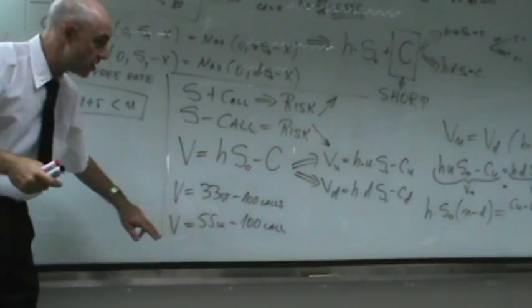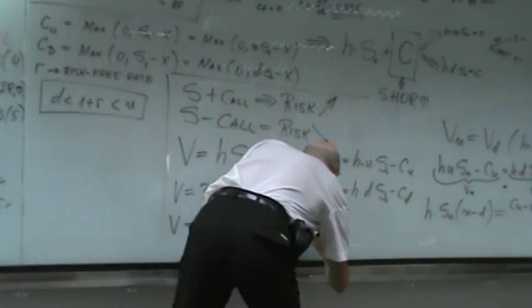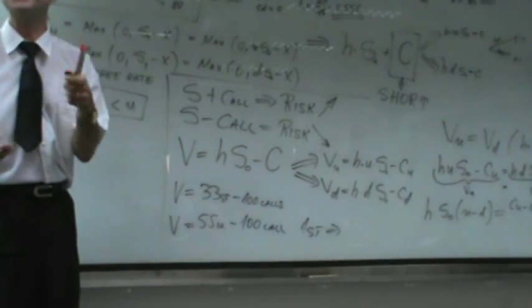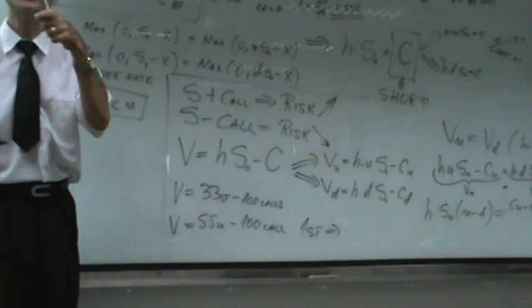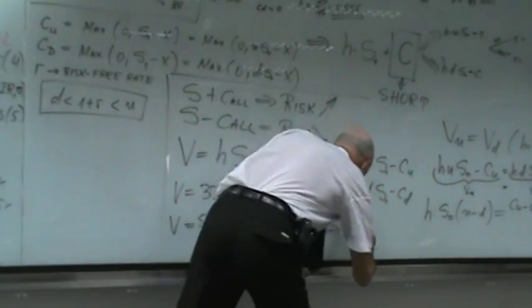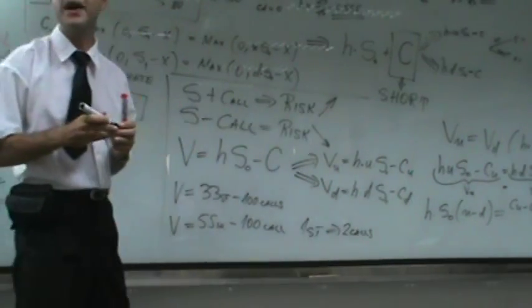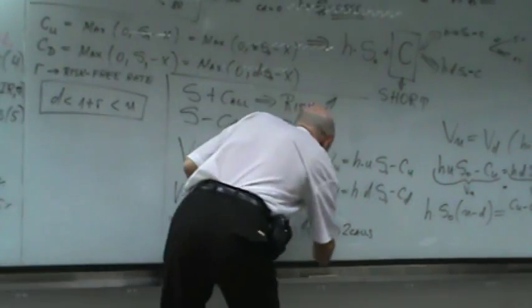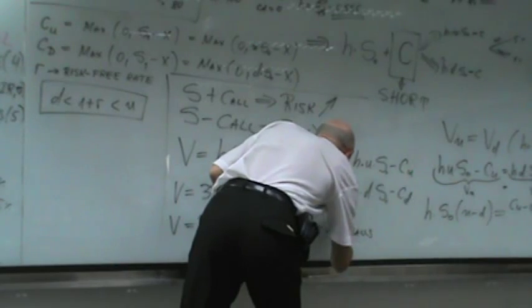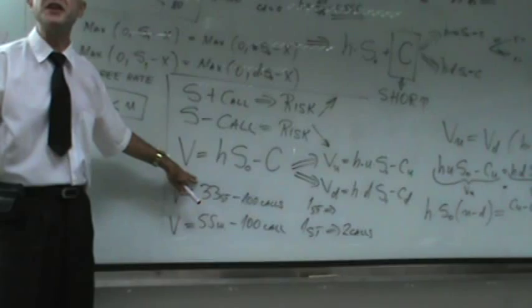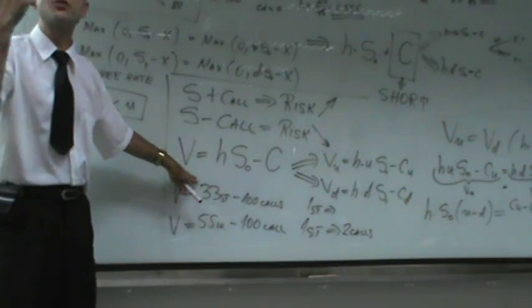Here, to hedge one stock, you need 2 calls. All right? And here, to hedge one stock, you need how many calls? 3. 3 calls.